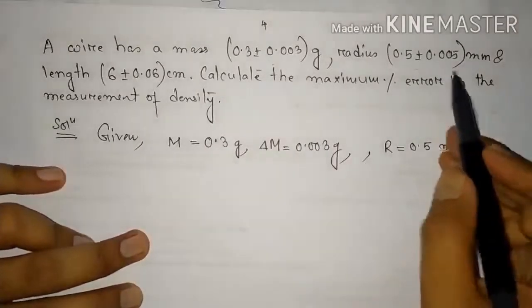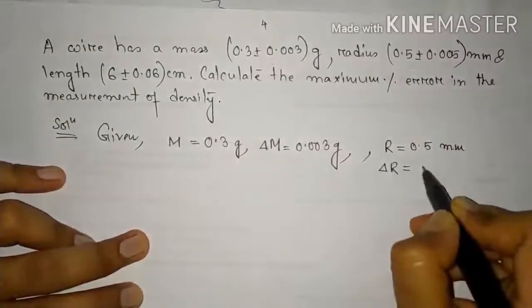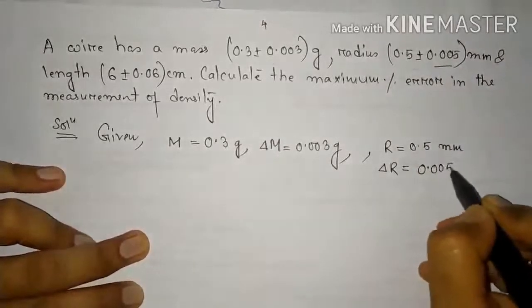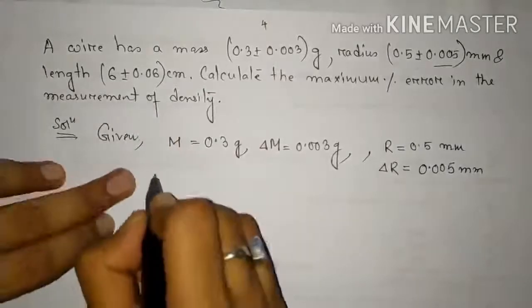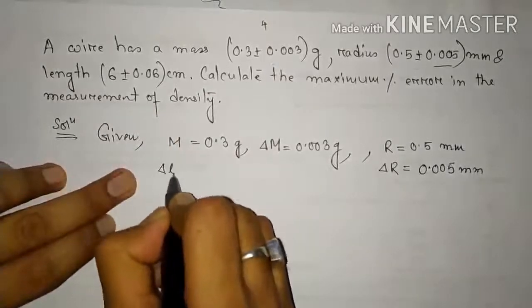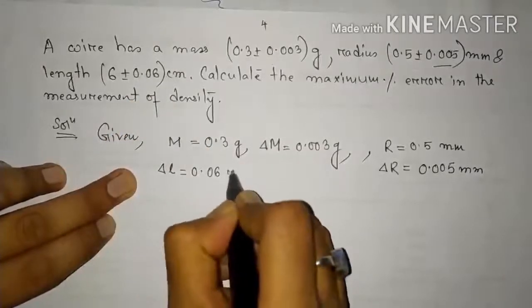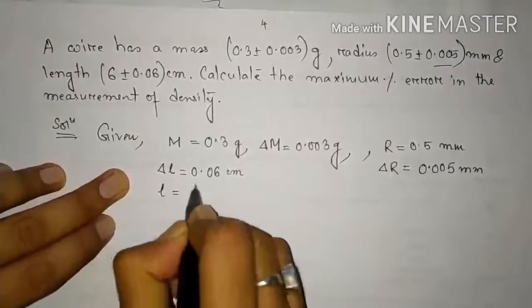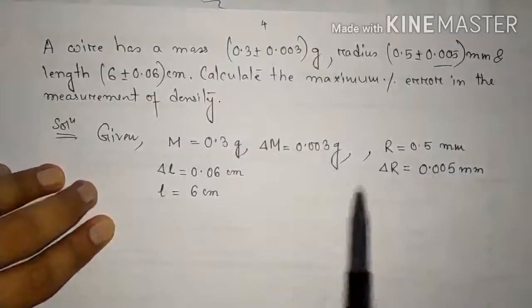And delta r will be 0.005 millimeter. Length, delta L will be 0.06 centimeter and length L will be 6 centimeter. So these are the things that are already given to us.